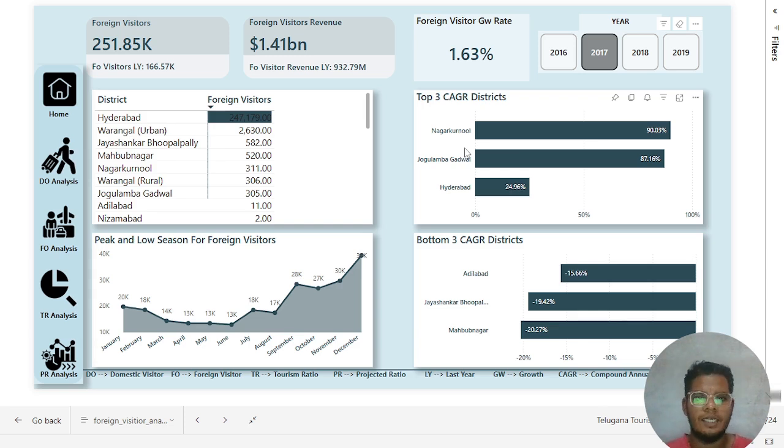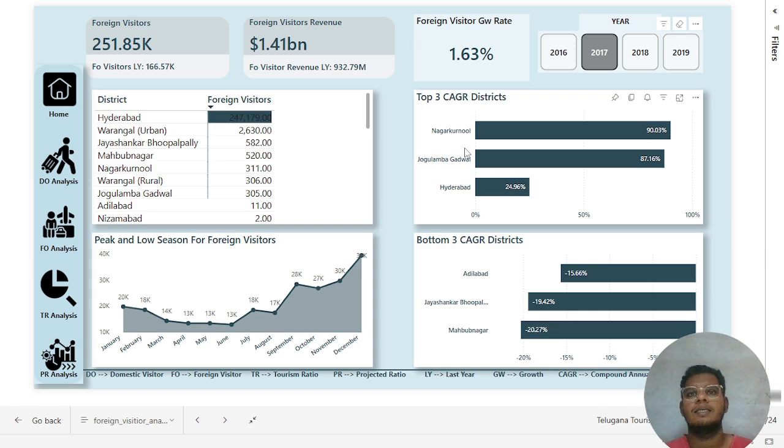These are the things for that particular dashboard, the foreigner analysis. I hope you all get some idea about how Telangana attracts foreign tourists, because yes, there is a lot integrated with it.